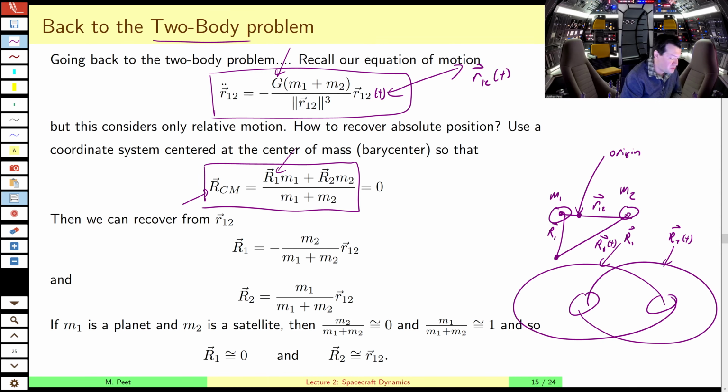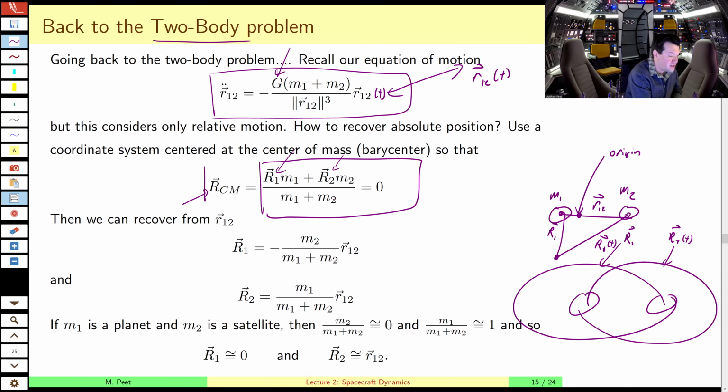That's what we're looking at on this slide and its notes. To do that, we first note that we have this relationship, which allows us to express R1 as a function of R2.